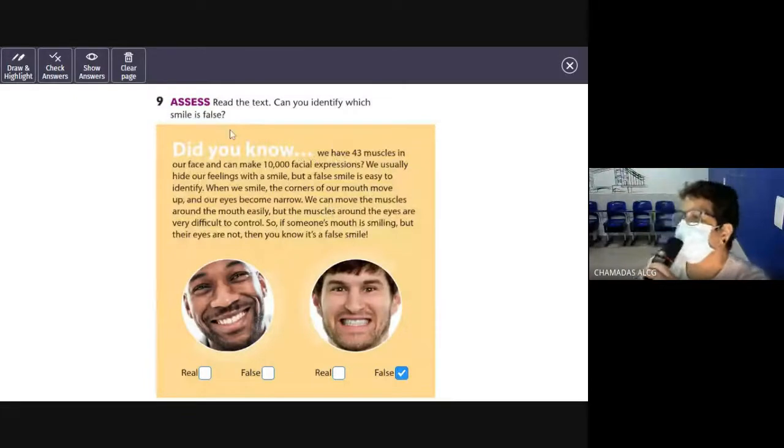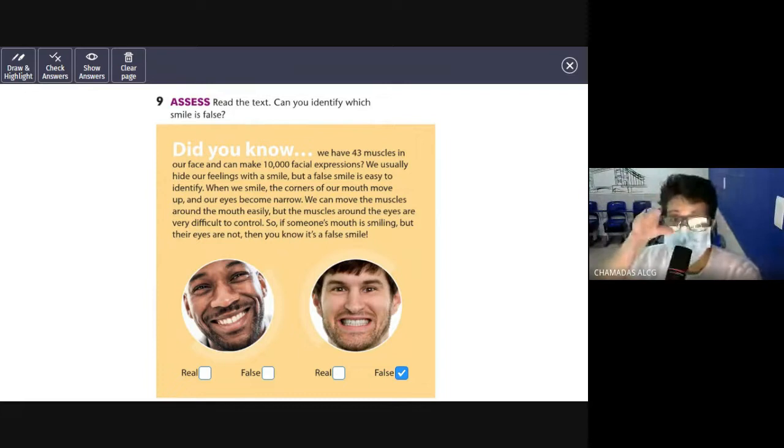So, did you know we have 43 muscles in our face and can make 10,000 facial expressions? Did you know that? We usually hide our feelings with a smile, but a false smile is easy to identify. When we smile, the corners of our mouth move up and our eyes become narrow.